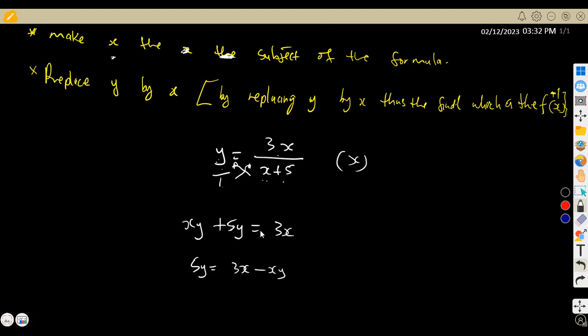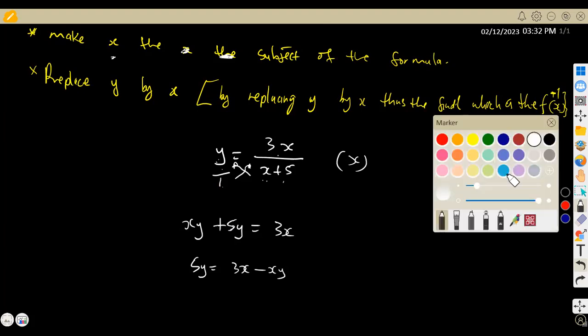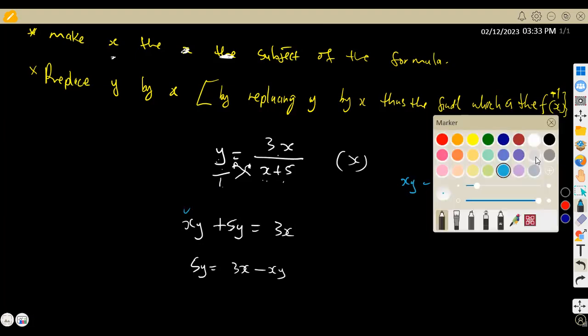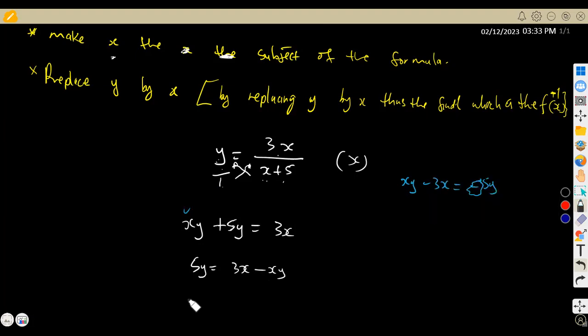If you wanted, you could have left this xy, then transpose 3x, it will be minus 3x is equal to minus 5y. But just avoid working with negatives; it's still one and the same thing. So x is common, so you can factor out x.